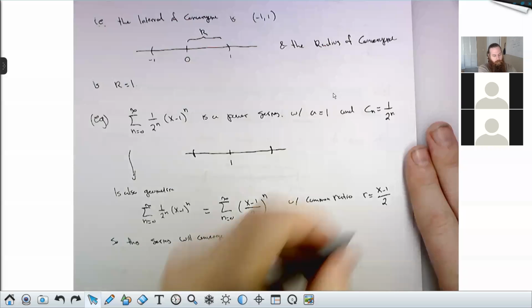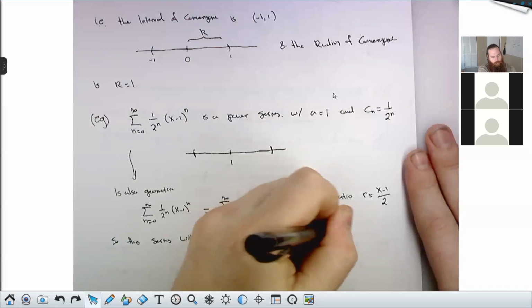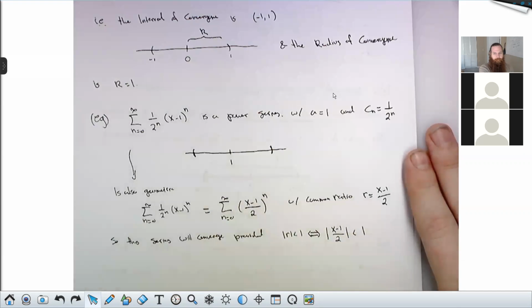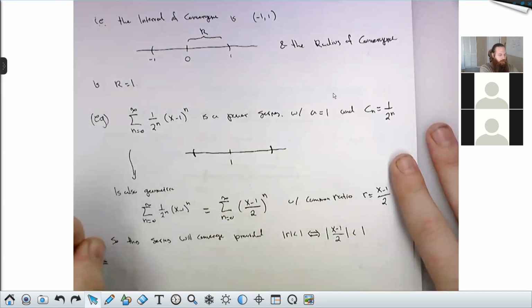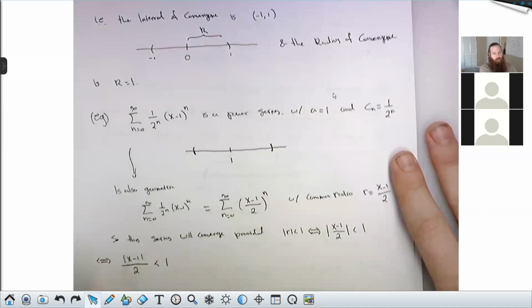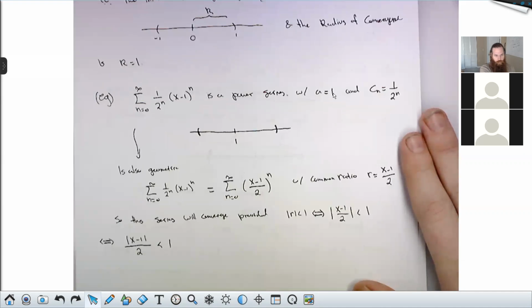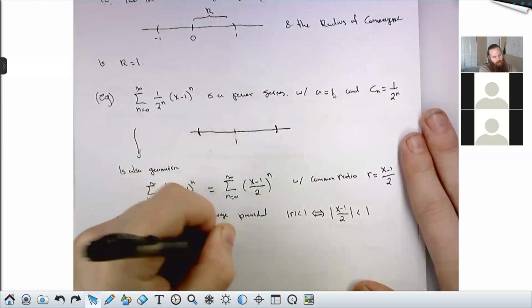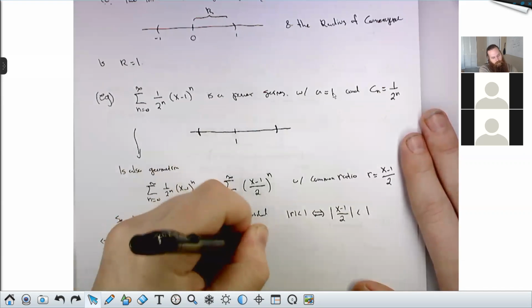And here, that's the same as saying the absolute value of (x minus 1) over 2 is less than 1. That's the same as absolute value of x minus 1, over 2, because the absolute value of 2 is 2. And then I can multiply both sides by 2 to get the absolute value of x minus 1 is less than 2.